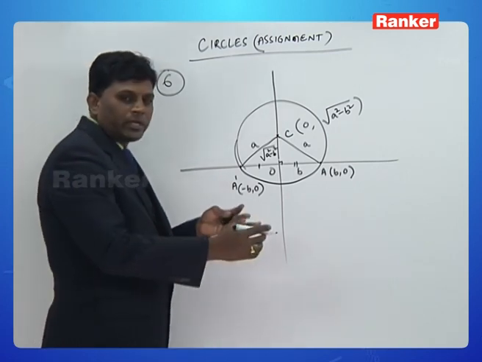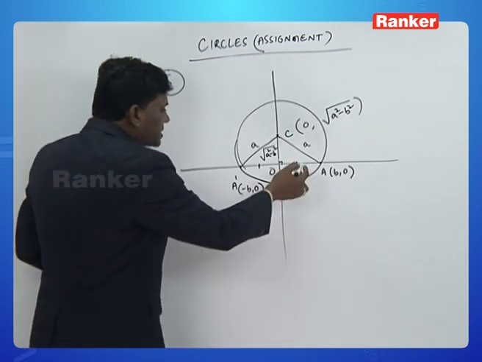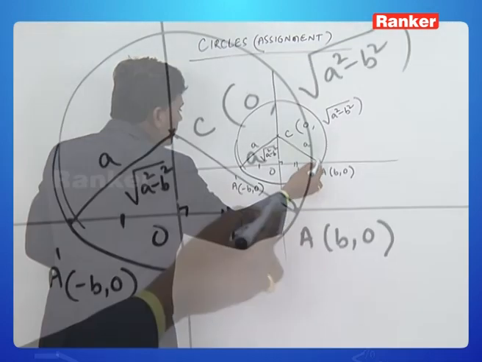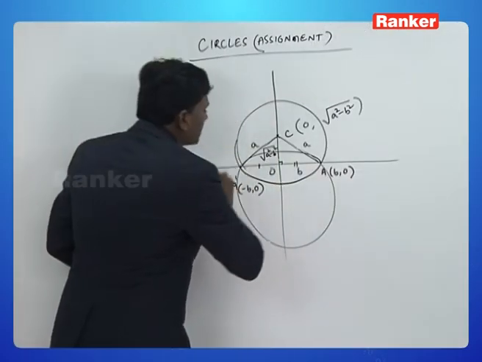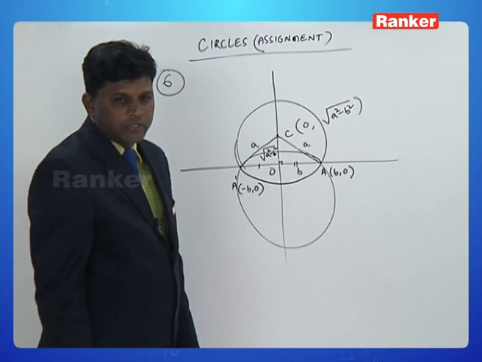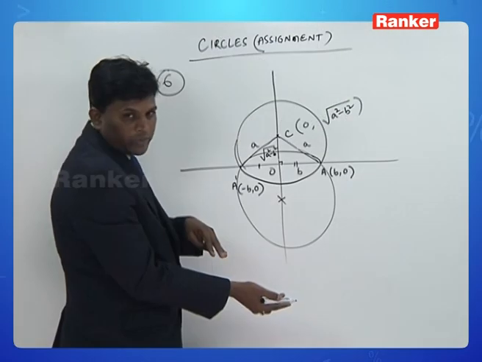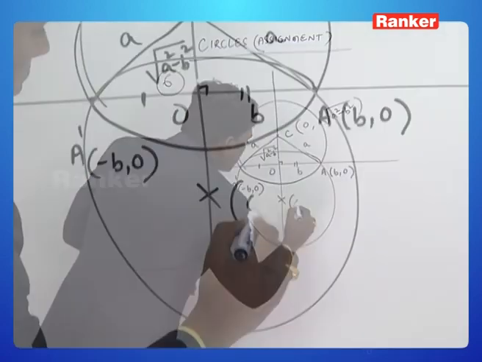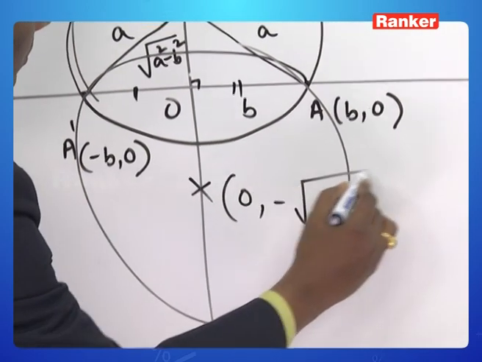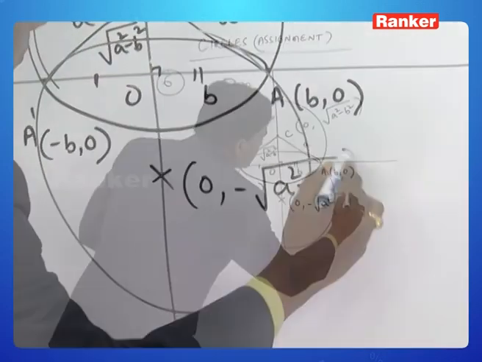And easily we can analyze that, satisfying the given conditions, we can draw one more circle satisfying all of these conditions whose center is on the negative y-axis, downward. So its coordinates will be 0 comma minus root of a square minus b square.